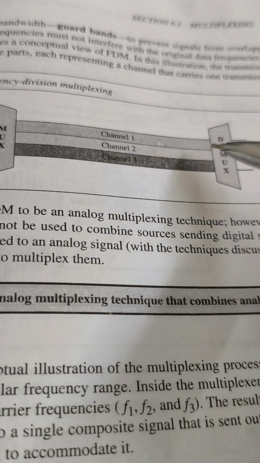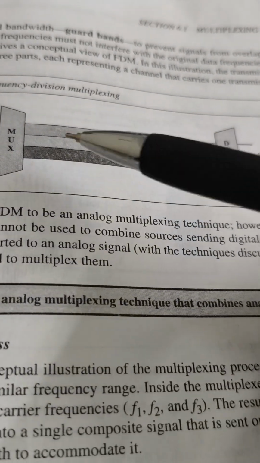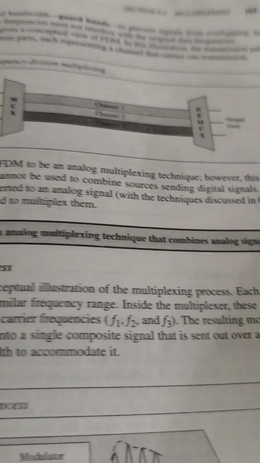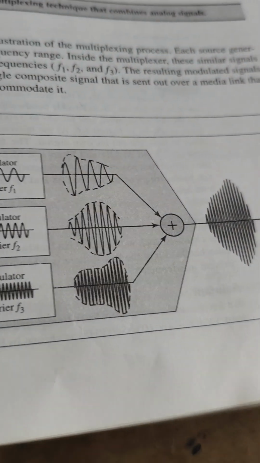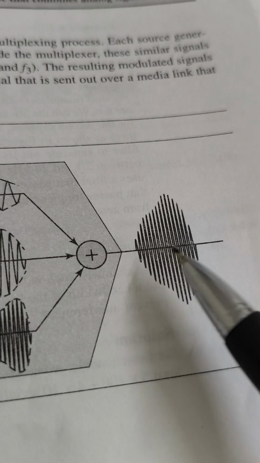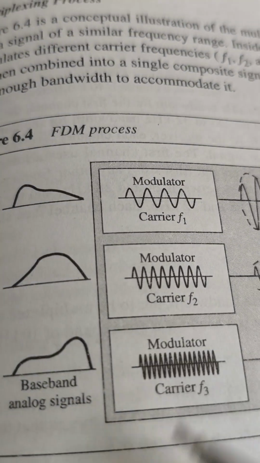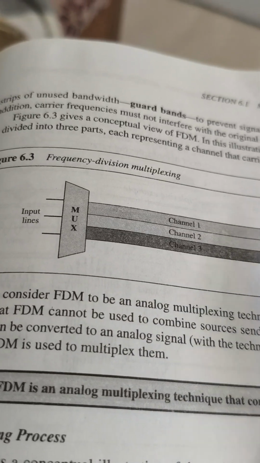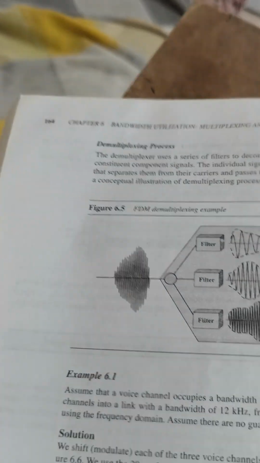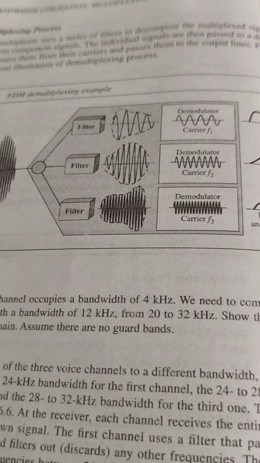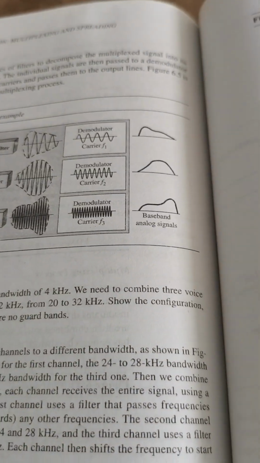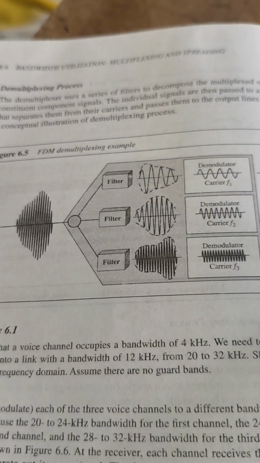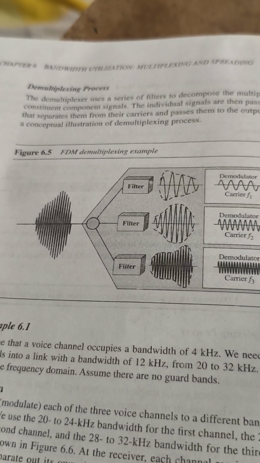This channel or cable will carry all the signals simultaneously. A single signal contains all these channels, all these signals, and they propagate through a single channel. At the receiver side, we demultiplex. When it comes to the receiver, we use filters and a demodulator to extract the original signal. This is called frequency division multiplexing.